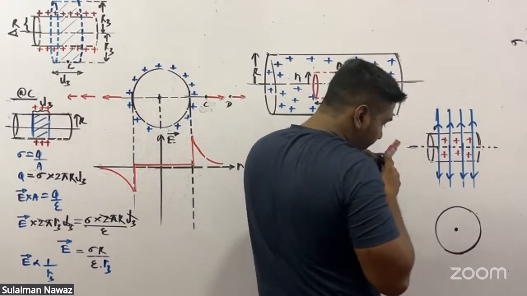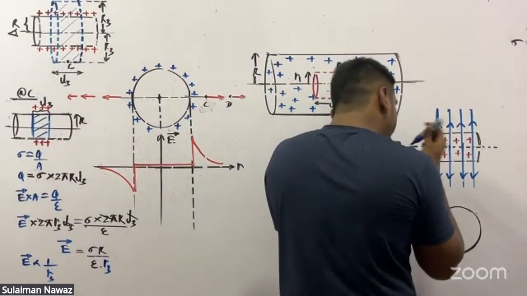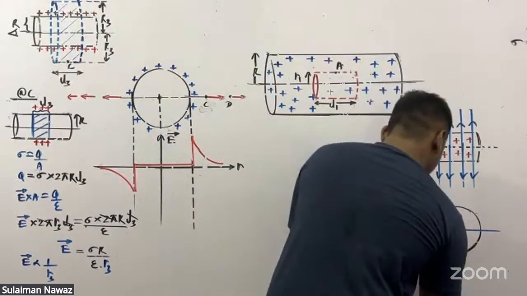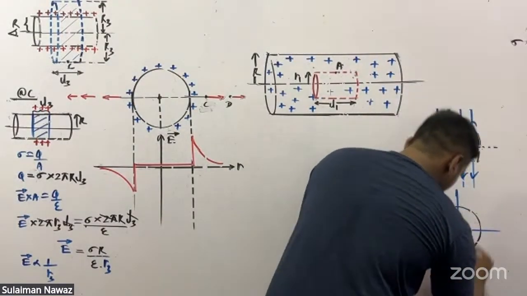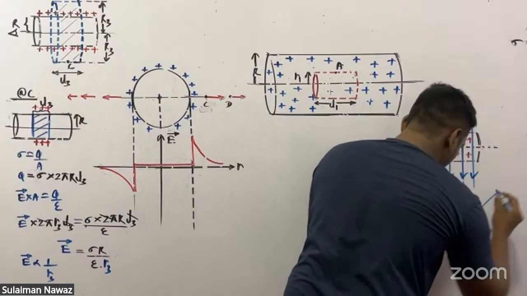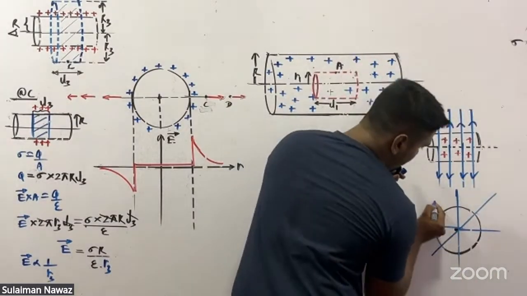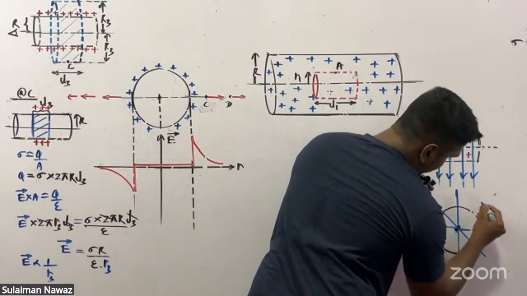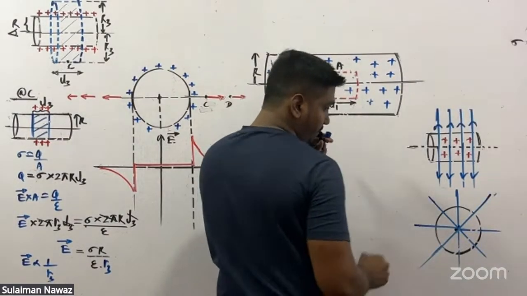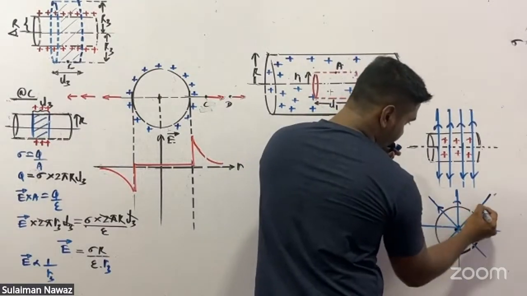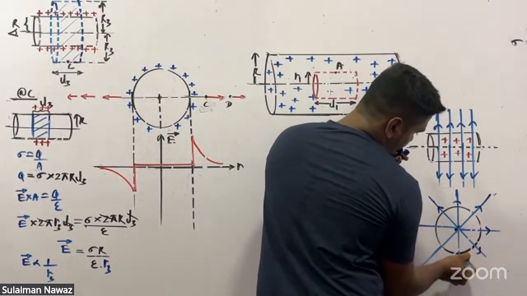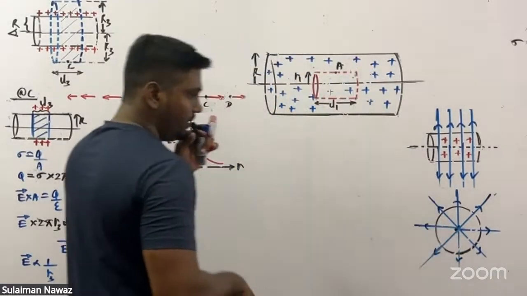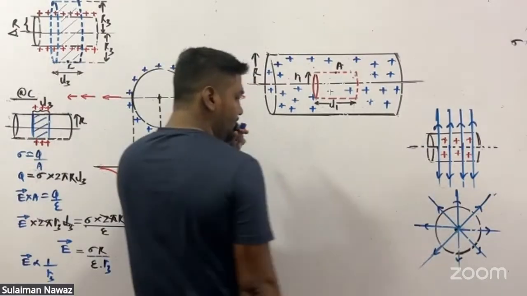Then when you draw the electric field lines, they distribute from the center of the cylinder. That is the electric field line distribution, the front view and the side view.